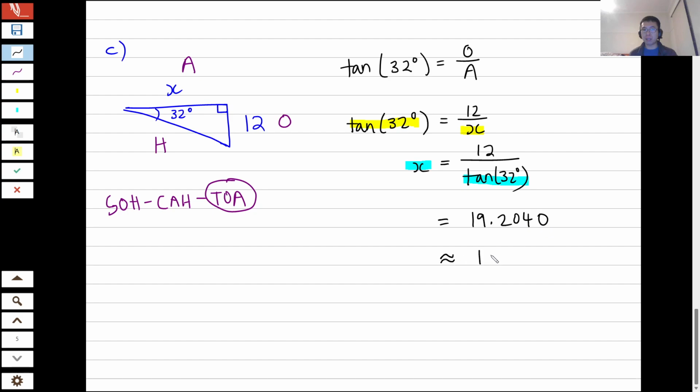And if I round this to 2 decimal places, I look at the third digit, which is 4. This is smaller than 5, so I'm going to round my answer down to 19.20 rather than rounding up to 19.21.